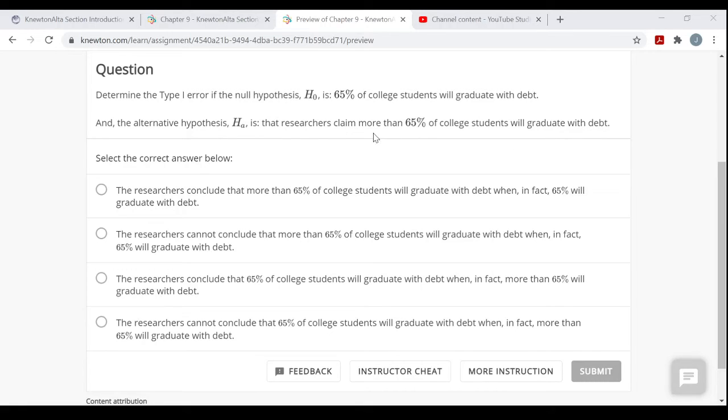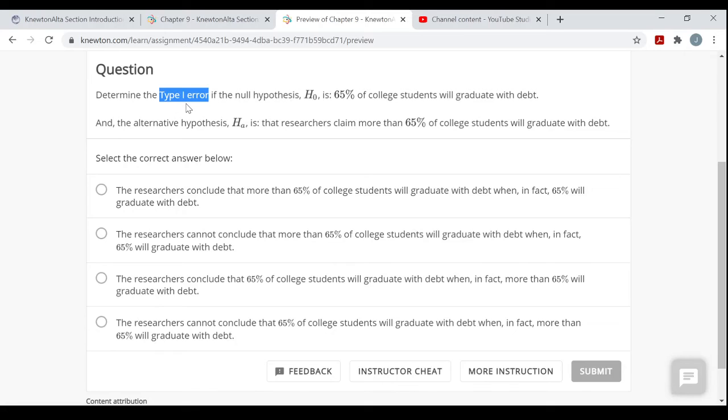This would be a right-tailed test, but that's not what they're asking here. They're asking what would be a type 1 error in this situation, where the null hypothesis is that the percentage of students that will graduate with debt is equal to 65%, and the alternative is that the percentage is greater than 65%.